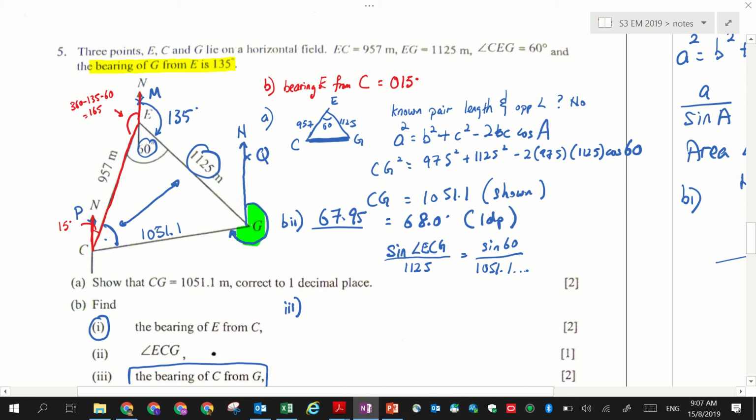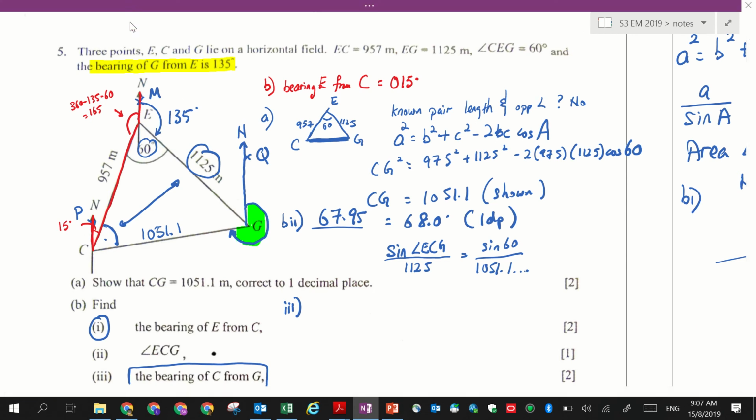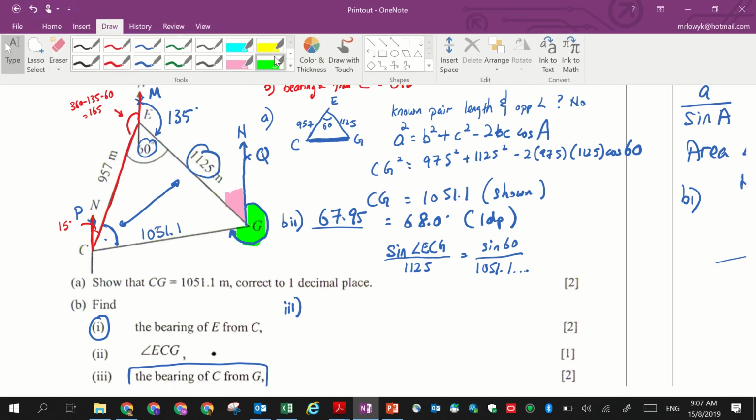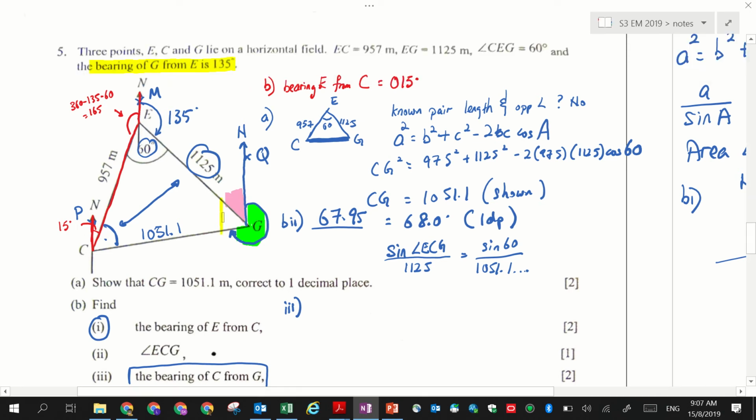Right. I'm interested to find this green angle. My question is, am I able to find this pink angle and this yellow angle? If you say no for the pink angle, then you are missing out interior angle again. Do you see an interior angle?